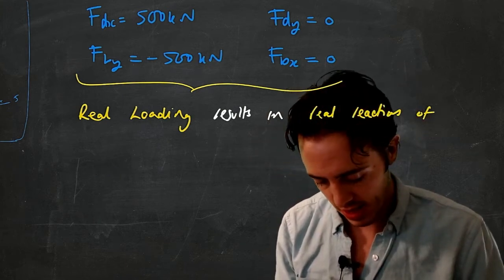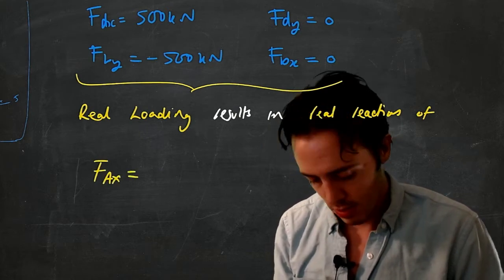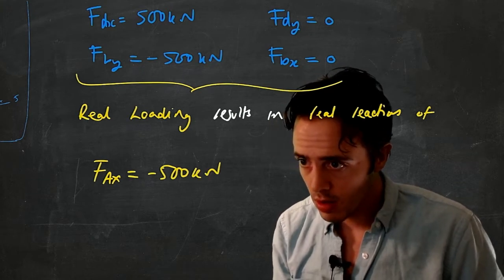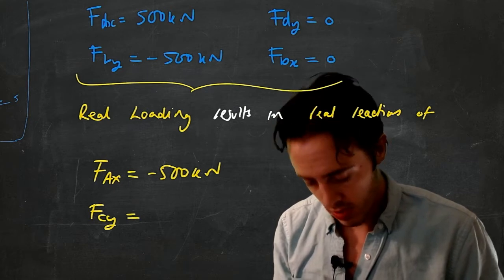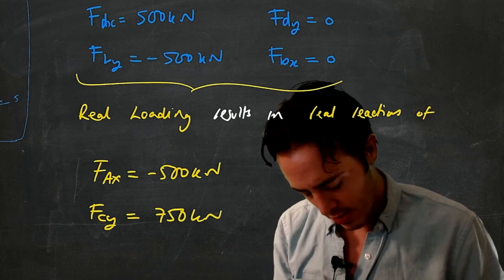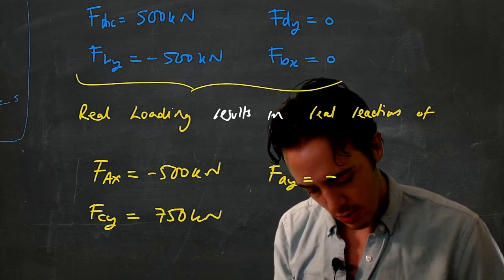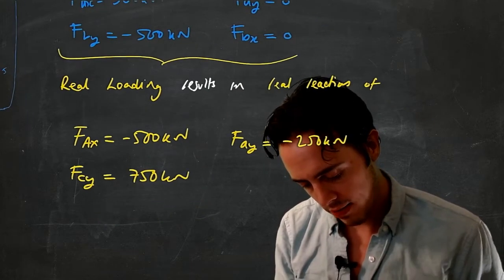Let's say FAX is equal to minus 500 kilonewtons. FCY is equal to 750 kilonewtons. And FAY is equal to minus 250 kilonewtons.